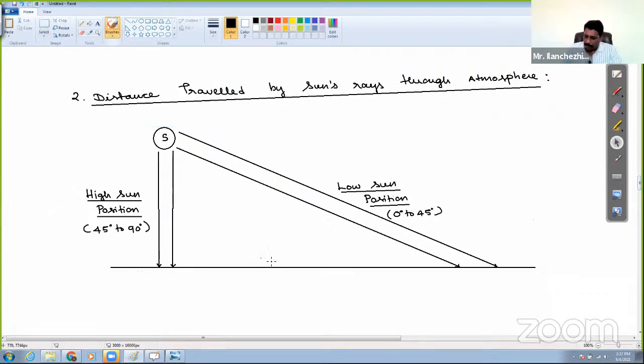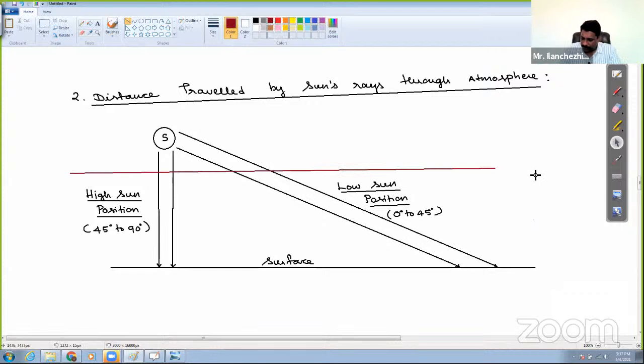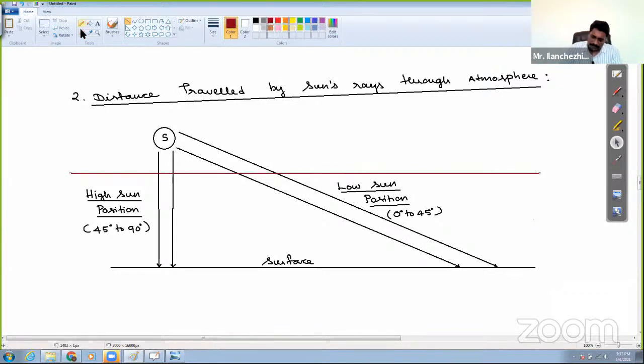Now, my friends, assume that this is the surface over there. Let me bring the atmosphere here. Assume that this is the atmosphere, extending from the surface.